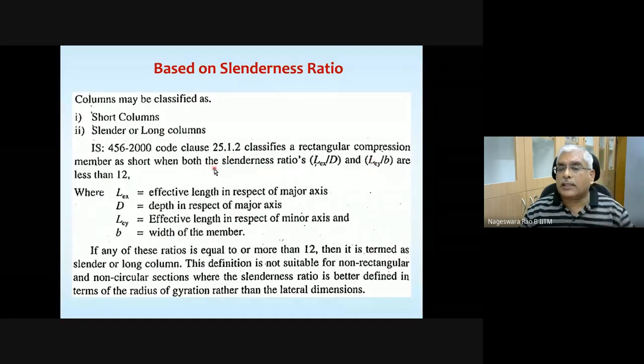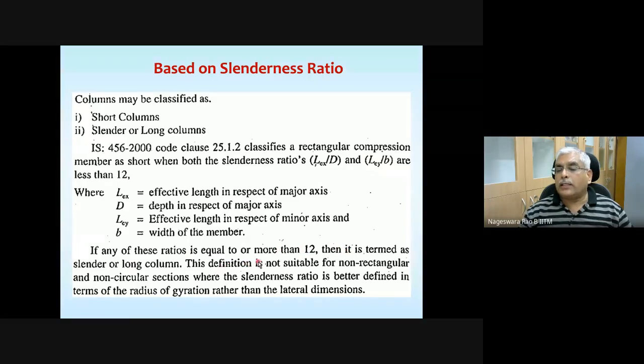The slenderness ratio in both directions should be less than 12 to be classified as a short column. If any of these ratios, that is Lex divided by D, Ley divided by B, is equal to or more than 12, then it is termed a slender or long column.